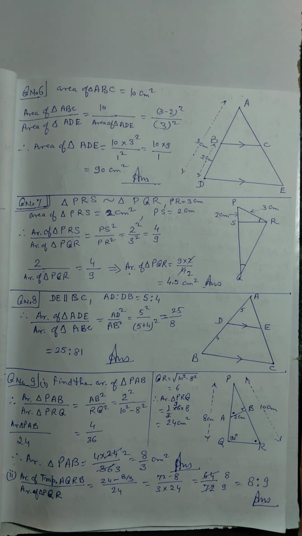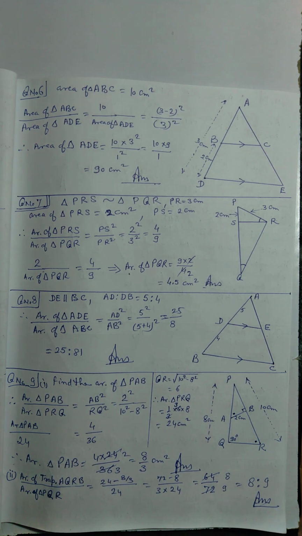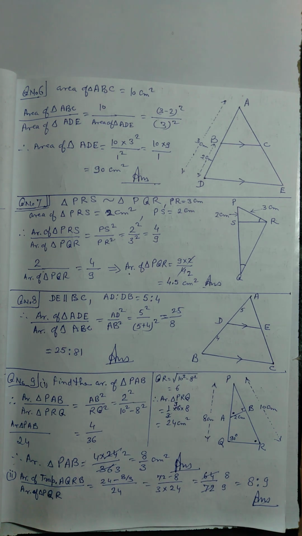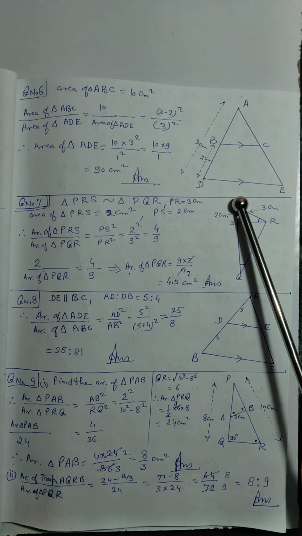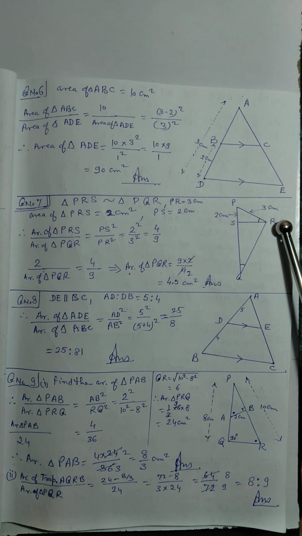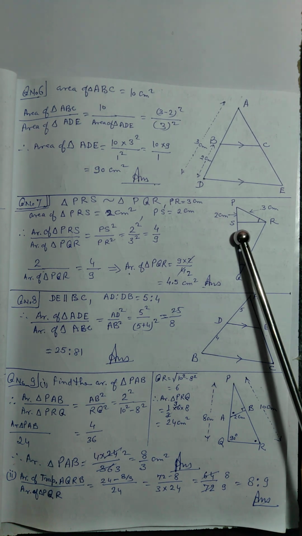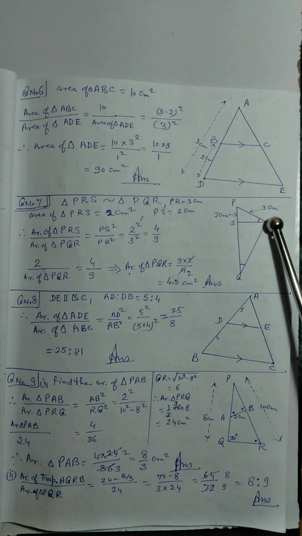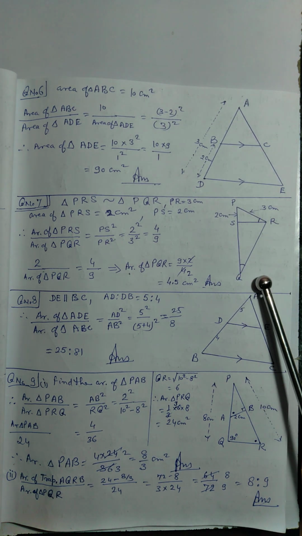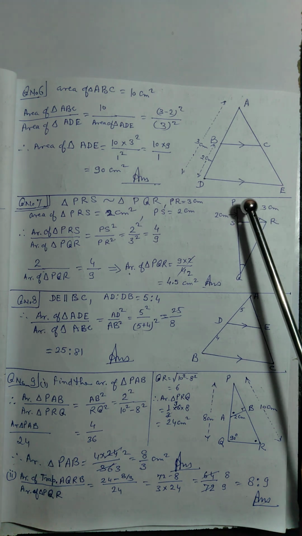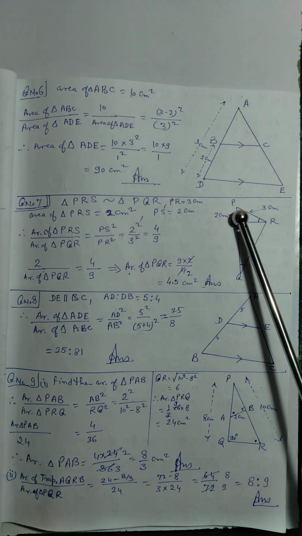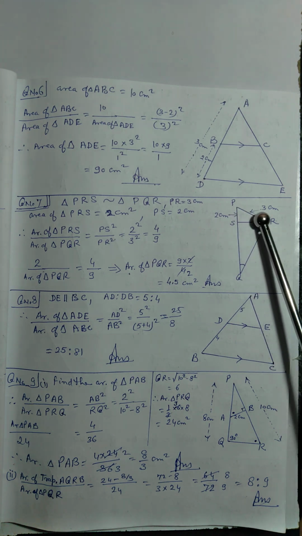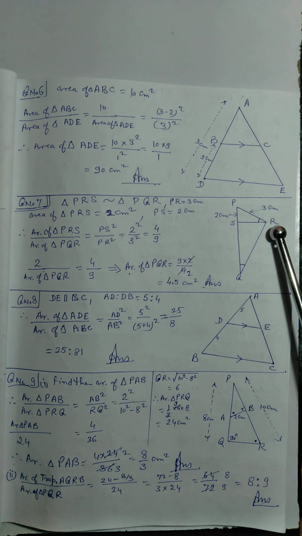If the area of the triangle PRS is 2 square centimeter, calculate the area of PQR. अब देखिए यहाँ पर एक ट्रायंगल है PRS और दूसरा ट्रायंगल है PQR. These two triangles are similar. The length of PS is equal to 2 centimeter, PR is equal to 3 centimeters.